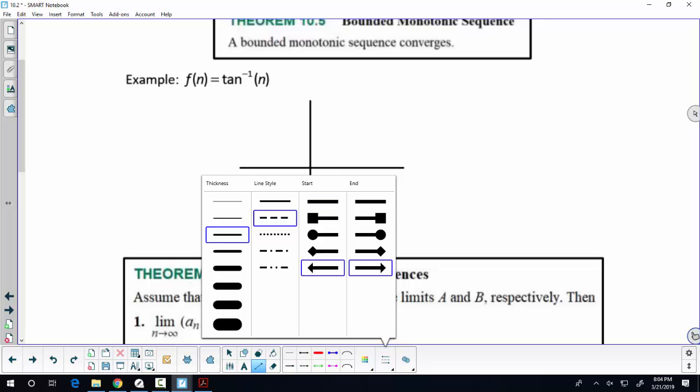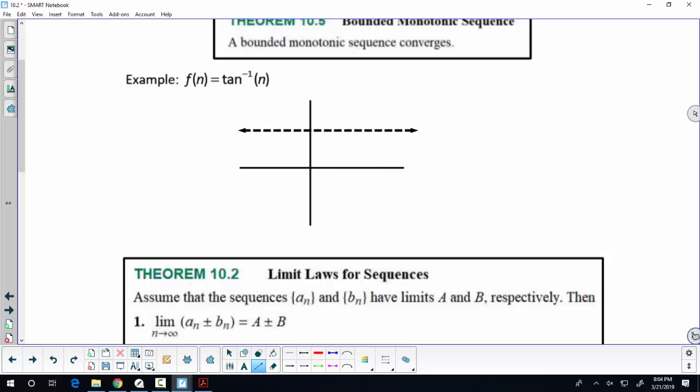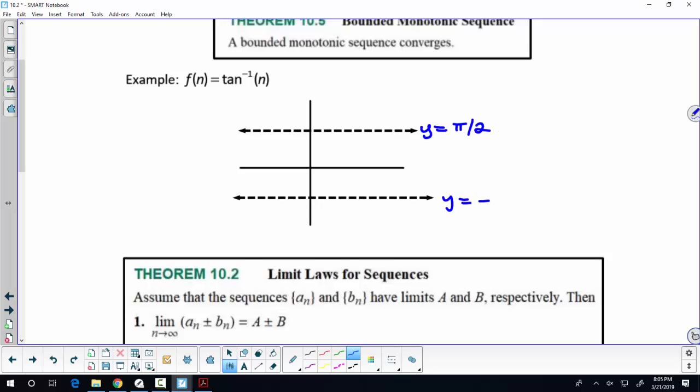Yeah. So there are our bounds, bounding the sequence, and the monotonicity, I guess.